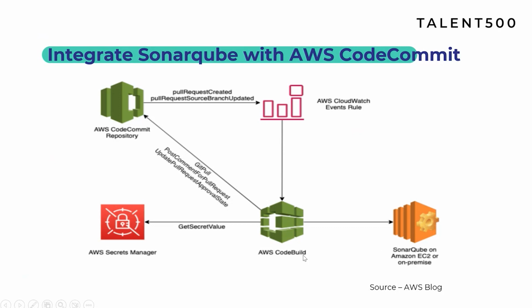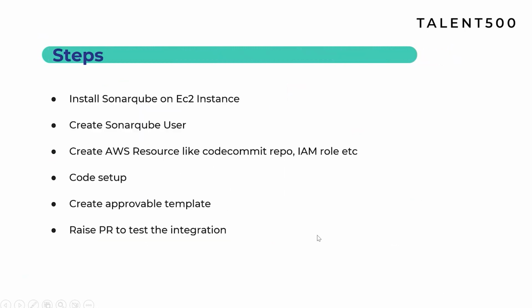And again, as you know, for one AWS service to interact with another, you need IAM roles or credentials. For example, if you want to connect with SonarQube, you need to know the credentials of SonarQube. So here you can leverage AWS Secrets Manager to store your keys, which are your username and password. So these are some of the steps.